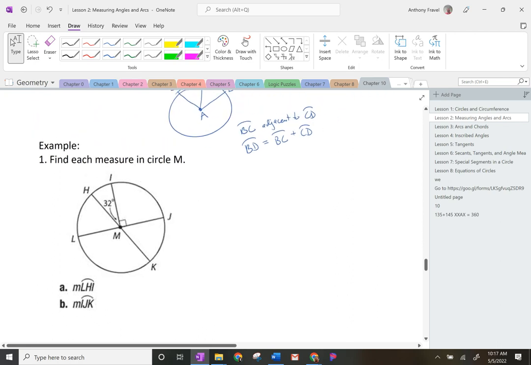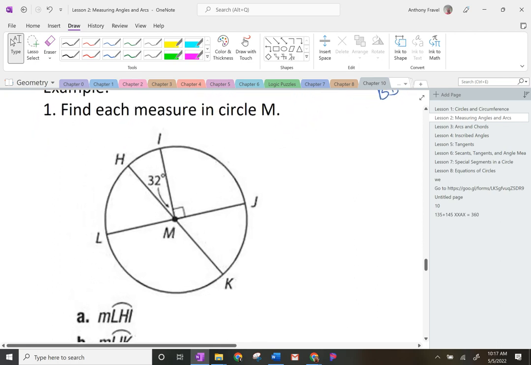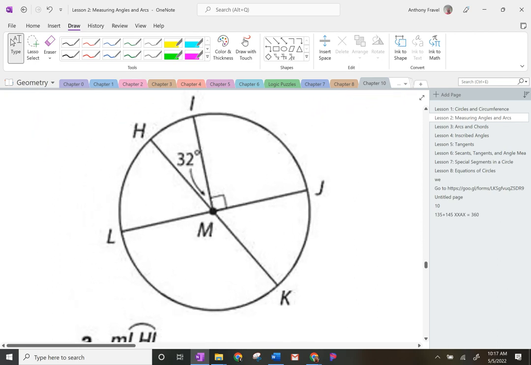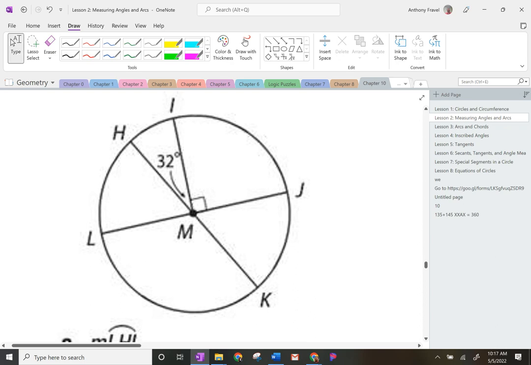So for this one, I do want to kind of explain one thing going back to the vertical angles. You see when I have these two together, how this angle and then this angle are going through? Those are both vertical angles. You guys notice that? That means that this angle here is going to be the exact same as this angle here.